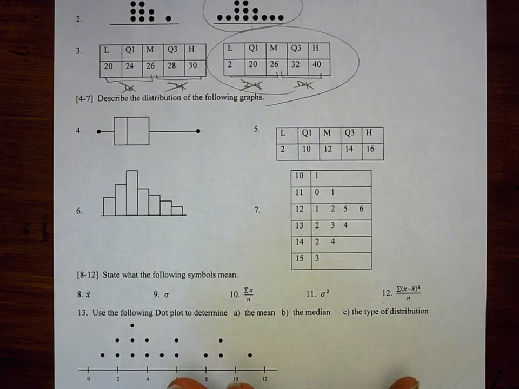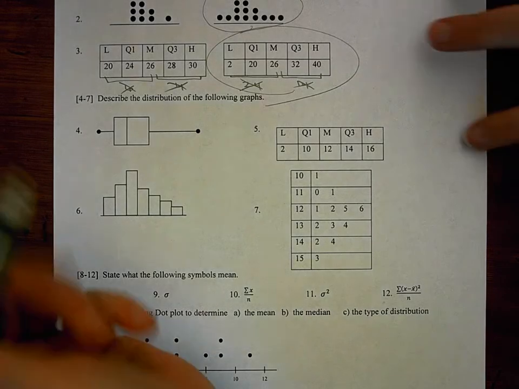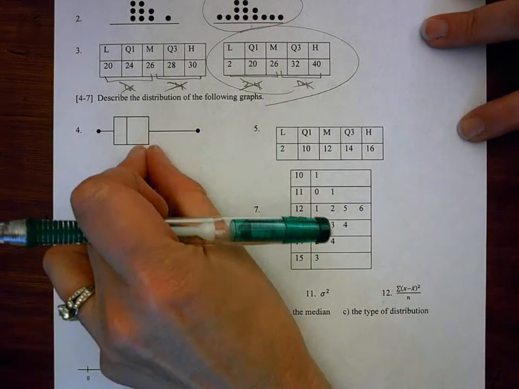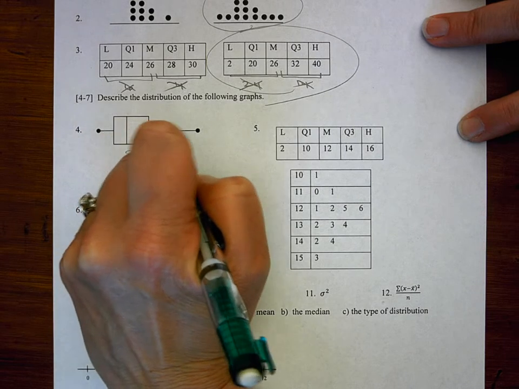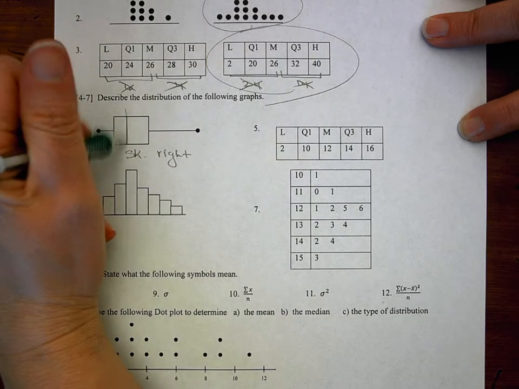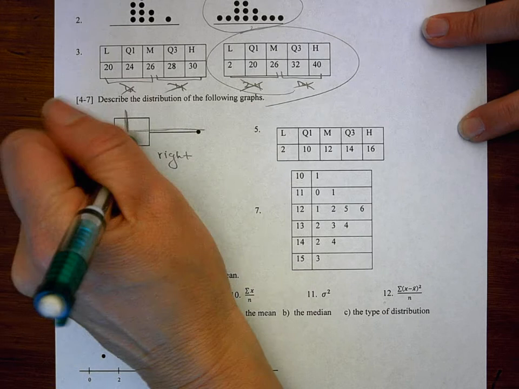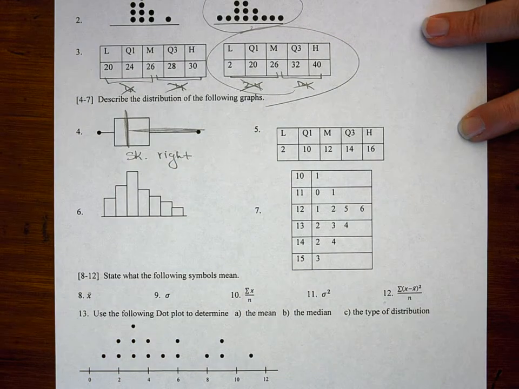Okay, so describe the distribution, meaning skewed left, skewed right, that sort of thing. If I take a look at number 4, I have a tail off to the right, so this would be skewed right. Here's my median. This is larger this way, longer that way.